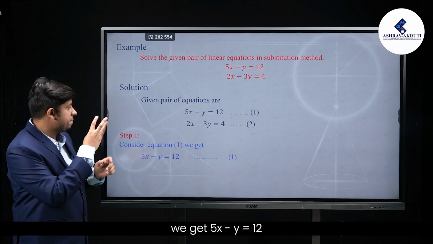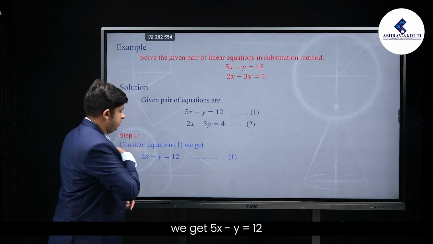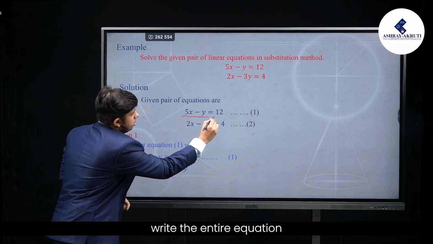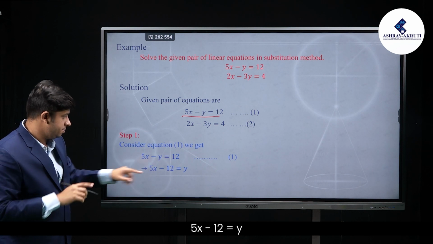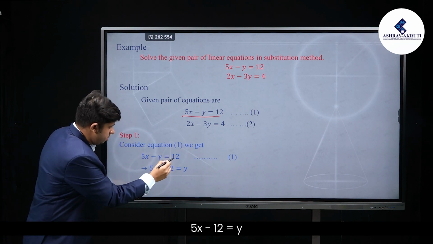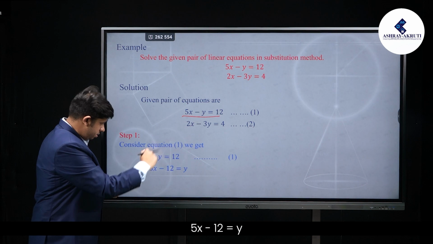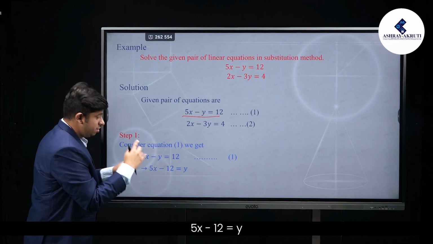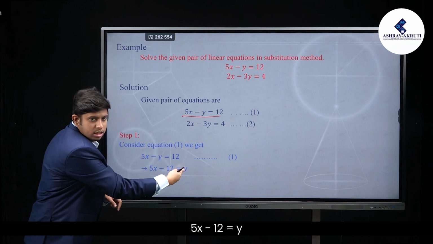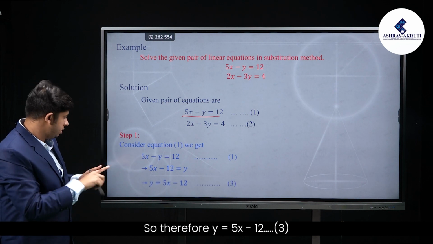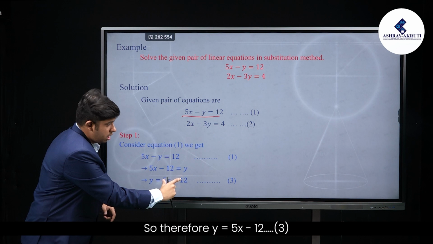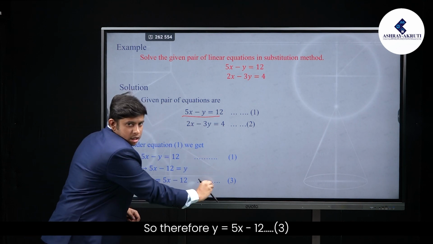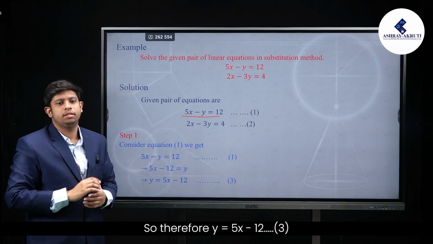We get 5x minus y is equal to 12. Write the entire equation in terms of y. 5x minus 12 is equal to y. So, therefore, y is equal to 5x minus 12 and consider it as equation 3.